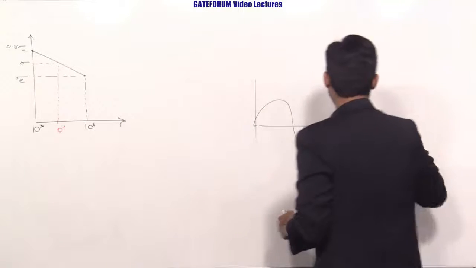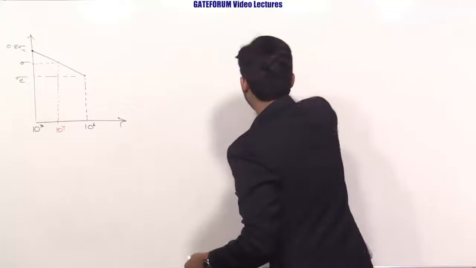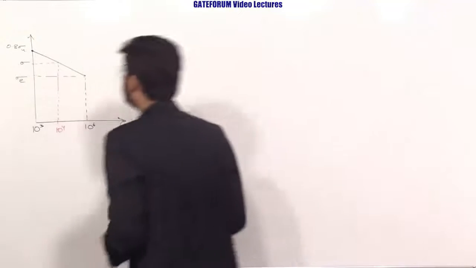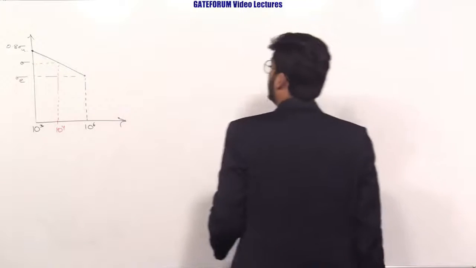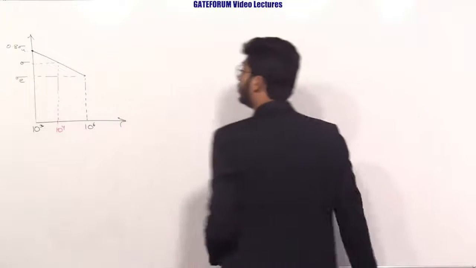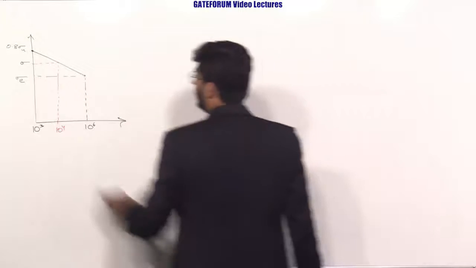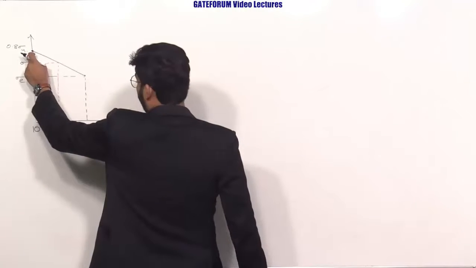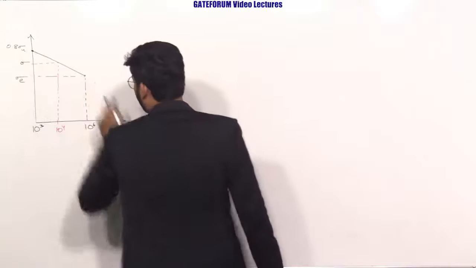This is on the log plot, so this will be the y coordinate, y1 x1 at this point, and y2 x2 at this point.